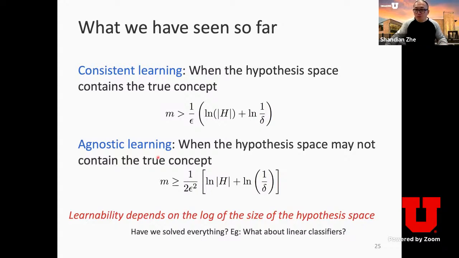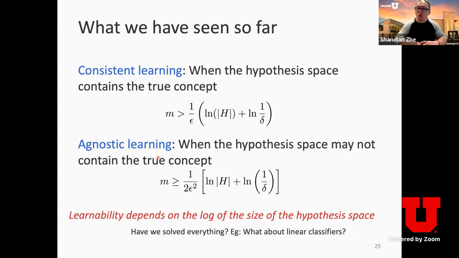However, by using some tail bounds, probability inequalities, we still can derive something about agnostic learning. The goal of the learning is similar to consistent learning.